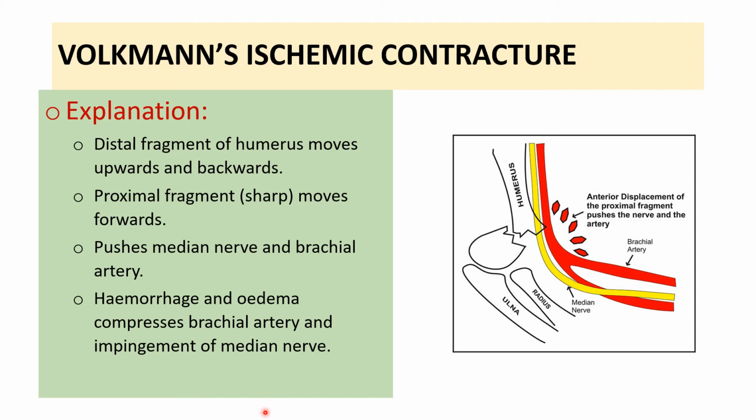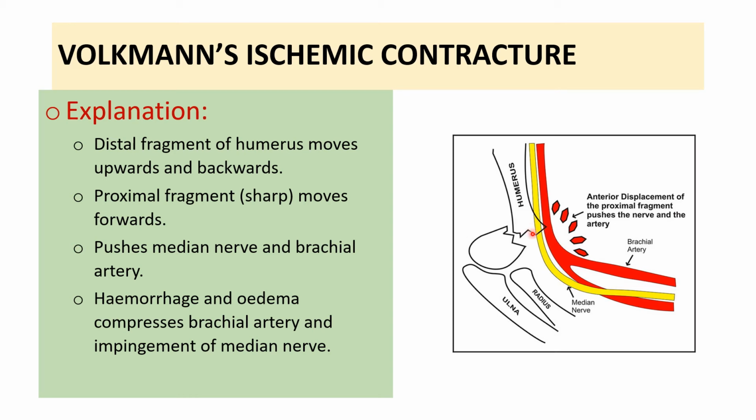What is the explanation for Volkmann's ischemic contracture? When there is fracture of lower end of humerus above the epicondyles, the distal fragment of humerus is moving upwards and backwards, whereas the proximal segment, which is sharp, is moving forwards.